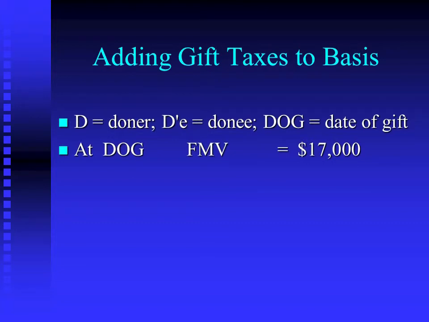And I believe right now the rule is that Grandma can give anybody $13,000 and not have to consider that as part of her taxable gifts. So the first $13,000 she gives Junior is a non-taxable gift and is eliminated from everything we've been talking about.